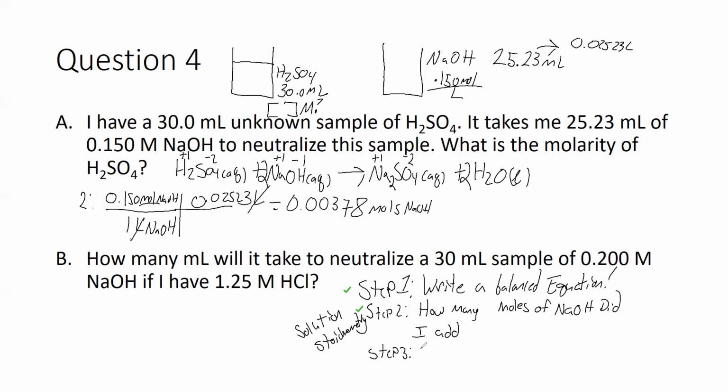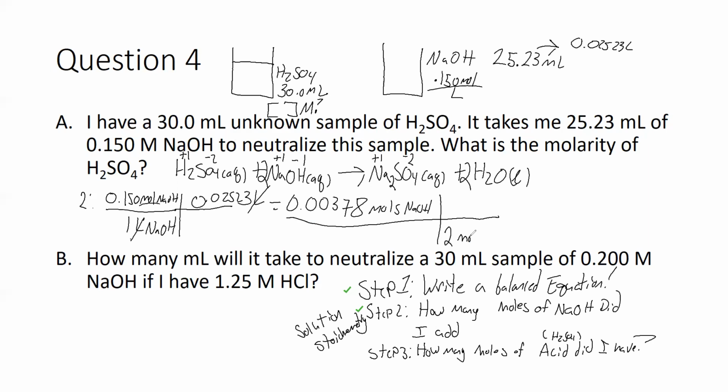Step 3. Once you have that, how many moles of acid did I have? Or in this case, H2SO4. As long as you have a balanced equation, you can figure this out. Because from our balanced equation, we see that for every 2 moles of NaOH that you have, you react with 1 mole of H2SO4.